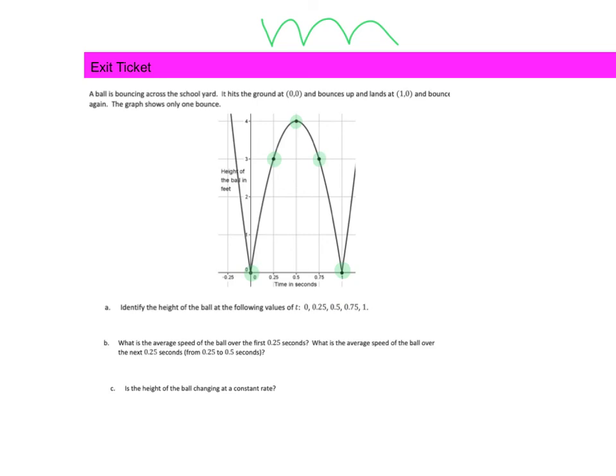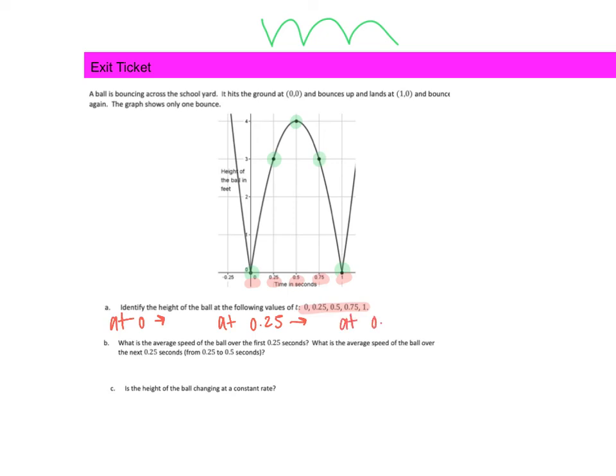It says identify the height of the ball at the following values. I want you to look at these values and tell me how high the ball was at 0, at 0.25, at 0.5, at 0.75, and at 1. That is going to be the first part here. At 0, how high was it? At 0.25, how high was it?